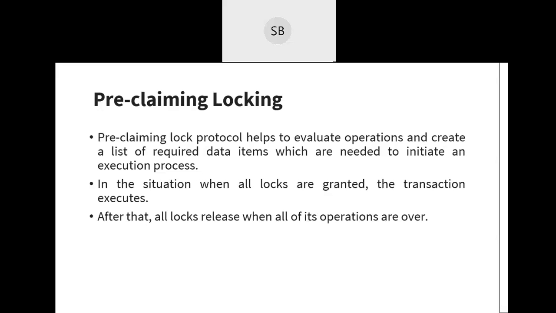So when we are granted all the locks, you can perform your transaction. After that, when your work is over, the locks are released. So in pre-claiming, the protocol will first evaluate what operations you are going to perform, and then it will create a list of how many locks you need.